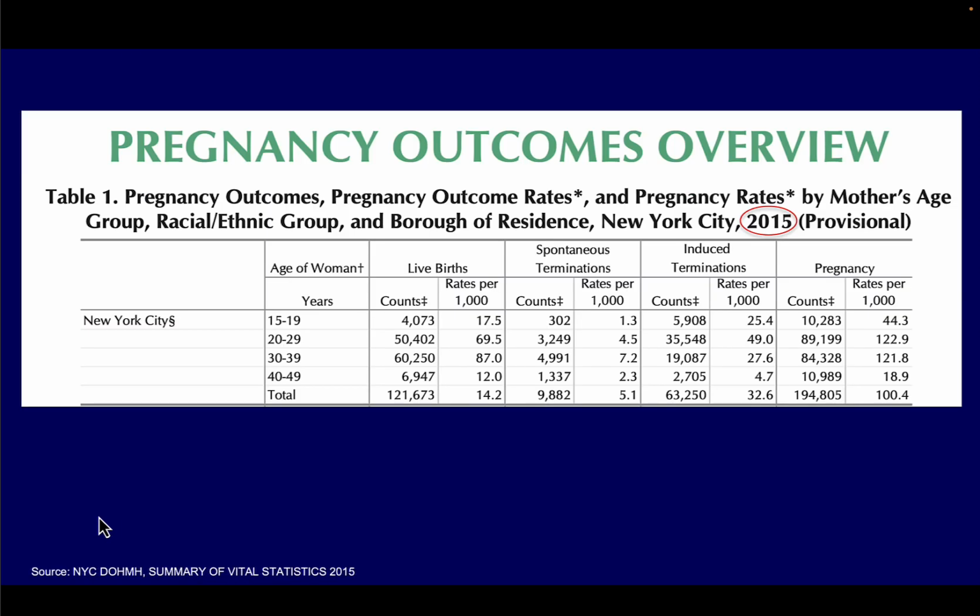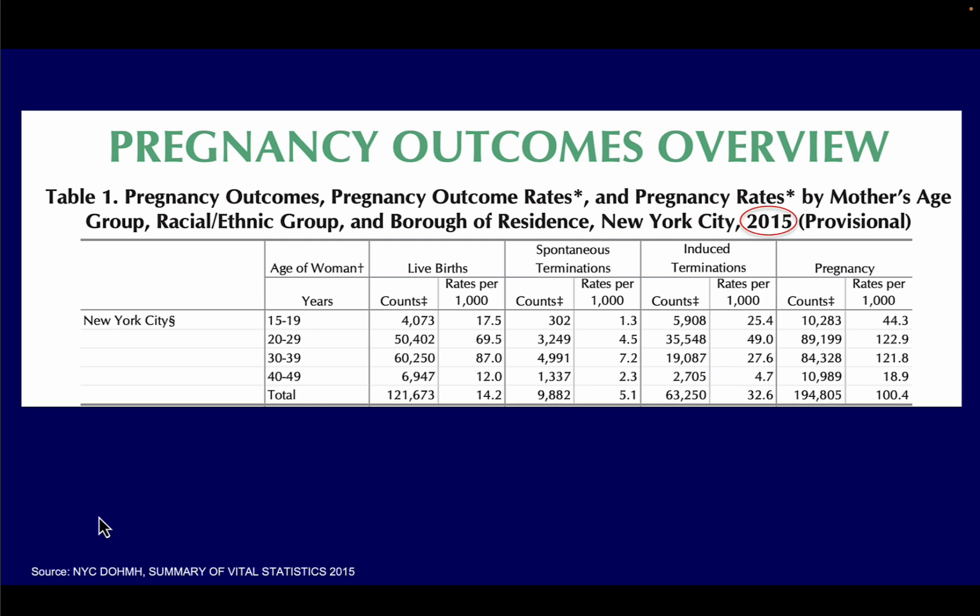Notably, this table with raw numbers wasn't in the 2020 report, but it was in the 2015 report, and I included it here just to give you a sense of the numbers that we're talking about in terms of births and other pregnancy outcomes. So here you can see in the year 2000 there were about 120,000 live births citywide, 9,800 spontaneous terminations of pregnancies, and about 63,000 induced terminations, which gives an overall estimated number of pregnancies of about 195,000 citywide.